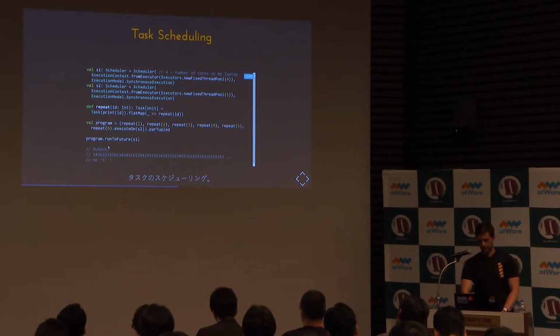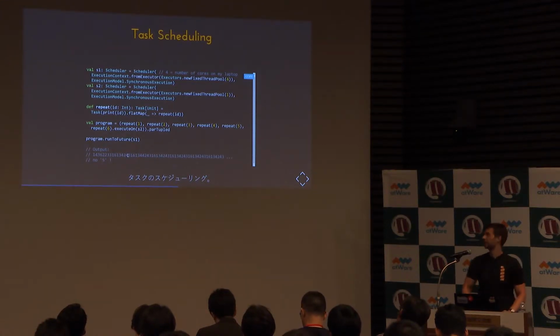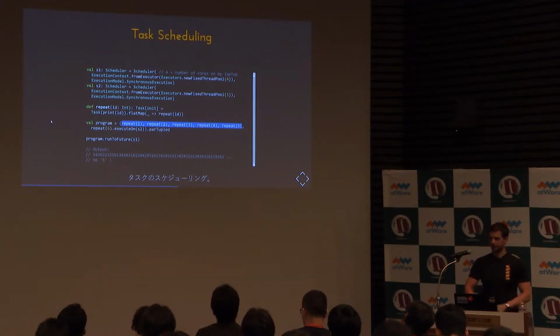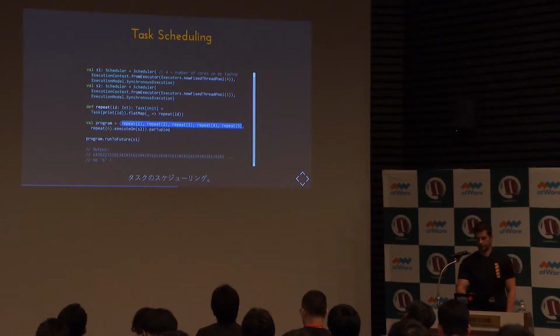And if we look at the output, we'll see that every number except 5 is printed. So 5 of the 6 tasks are executing. And it might make sense to you already, because these 5 tasks we wanted to execute on the first scheduler, but there were only 4 places there. So only 4 of them were going, and they were going forever because of no asynchronous boundaries.